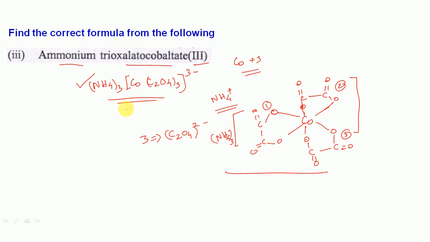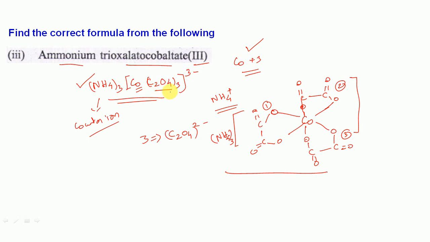So again I am repeating those points. Ammonium ions are the counter ion. Trioxalato indicates the presence of 3 oxalate ligands coordinated with the central metal atom, and cobaltate(III) specifies that the central metal cobalt is in the +3 oxidation state.